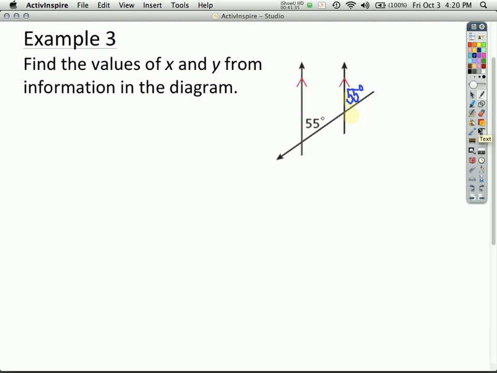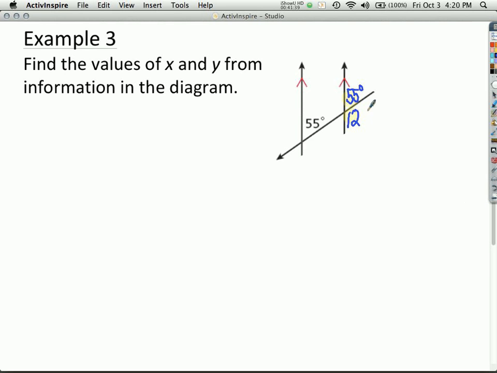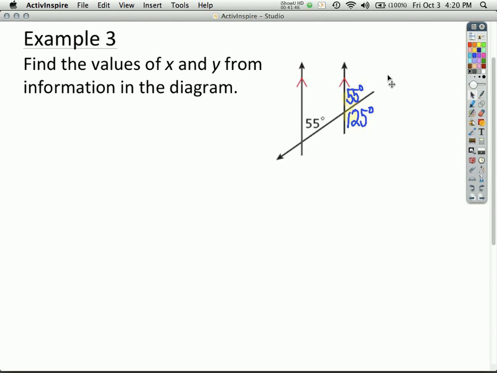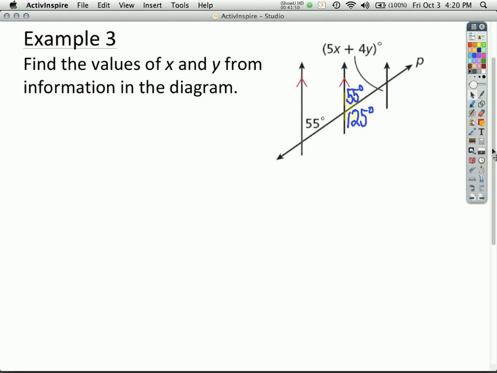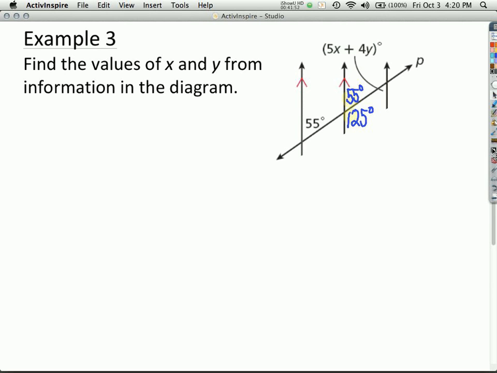Is that right? Yeah. 125. How'd you figure that out? It's a linear pair and they're supplementary. So now watch this. Now we have this expression for this angle.